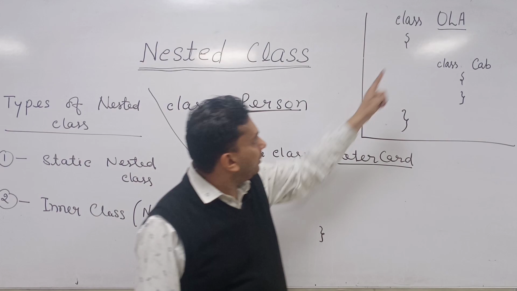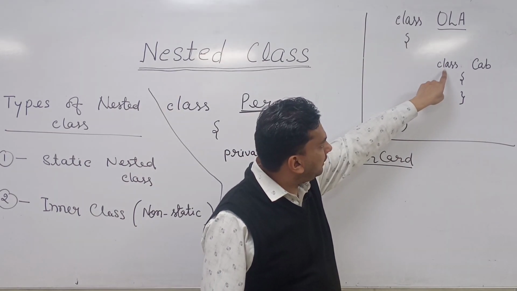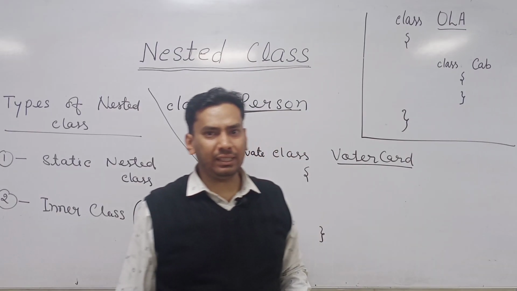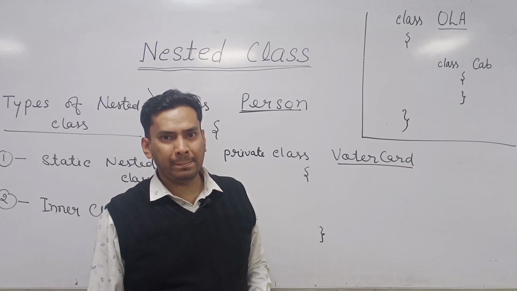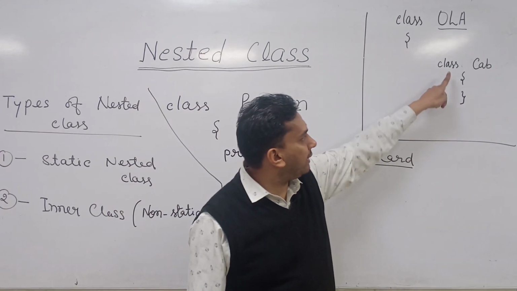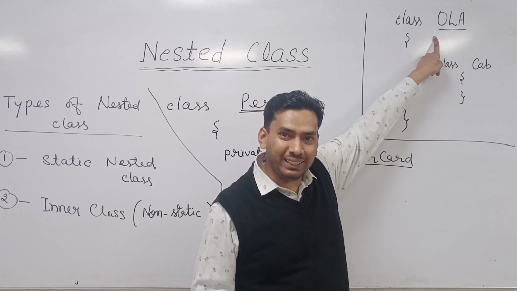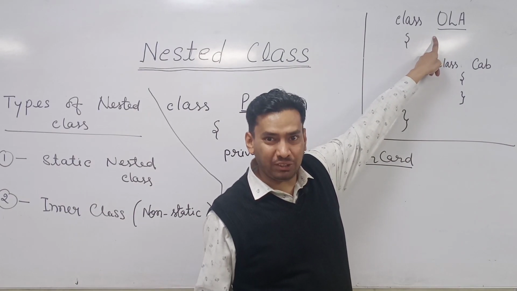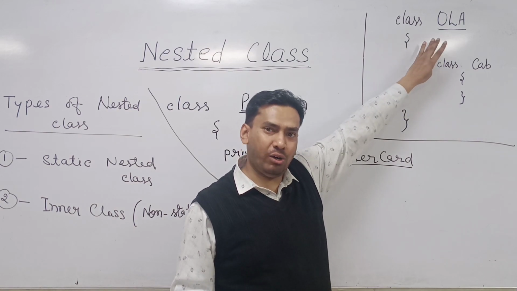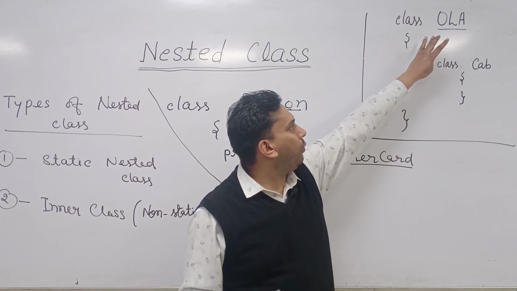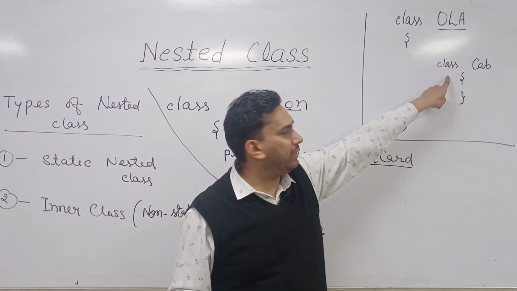Now tell me, do you think that this class must be a non-static nested class? If you want to create a cab, do you think that every time a new Ola company should be created? Obviously not, right? Because Ola is created only once, Ola is not required to be created for a cab.